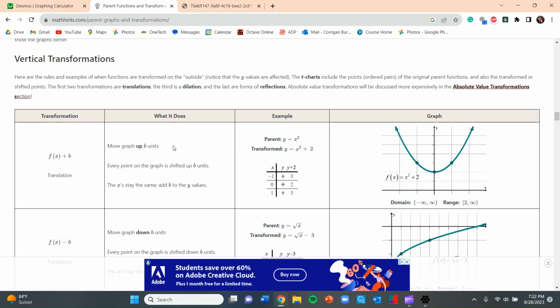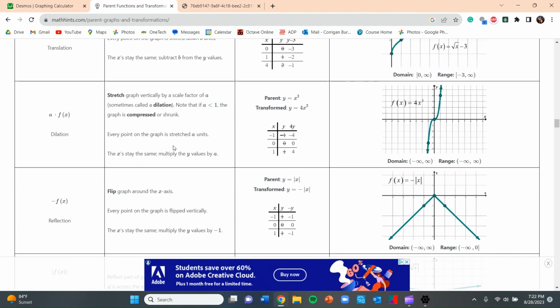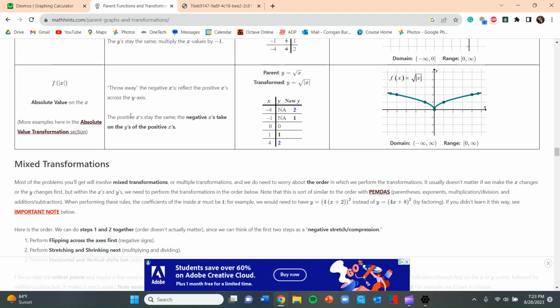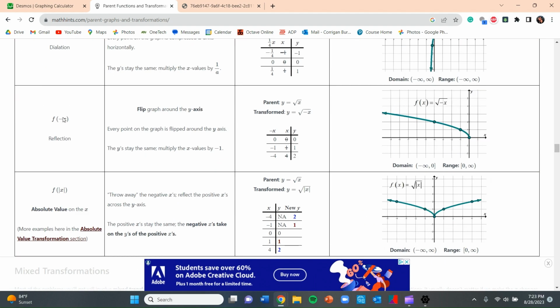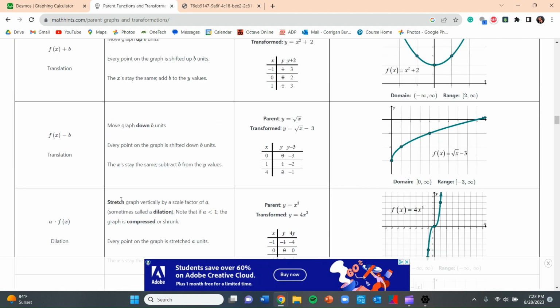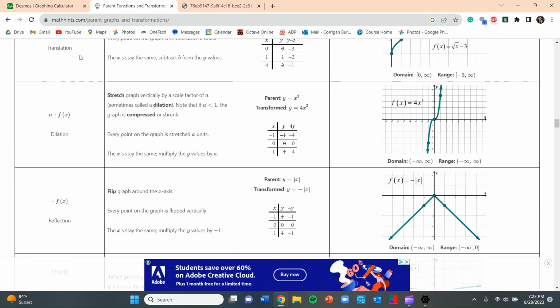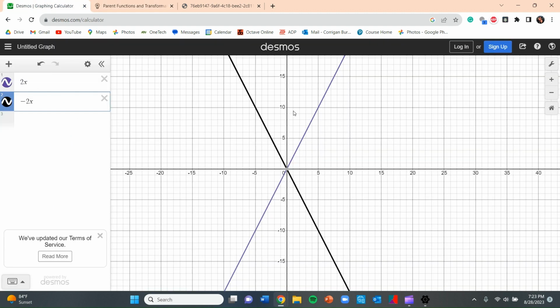That would be vertical. This is what we're doing to it right here. If it was a reflection across the y-axis, it'd be inside of whatever's going on. But we don't have that. We have a vertical reflection, which means a reflection across the x-axis from these two quadrants up here to these two quadrants down here.